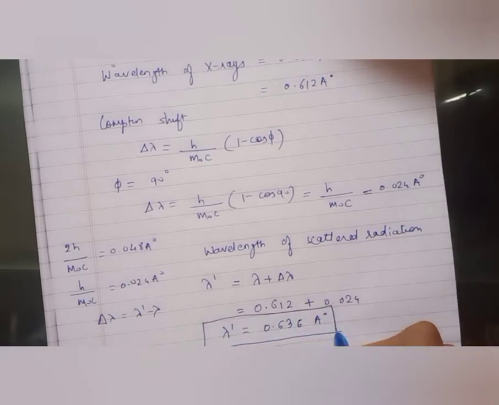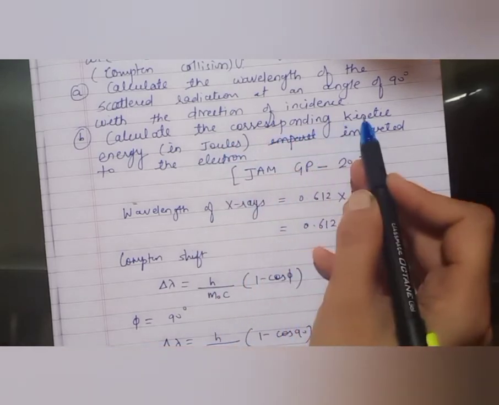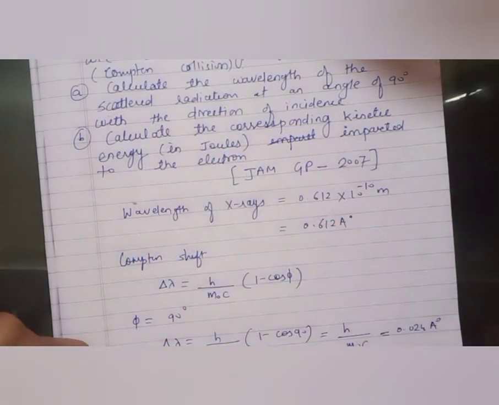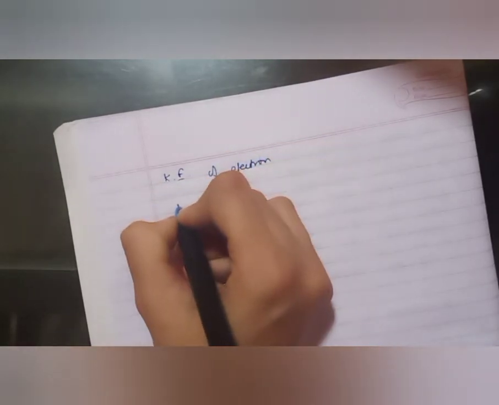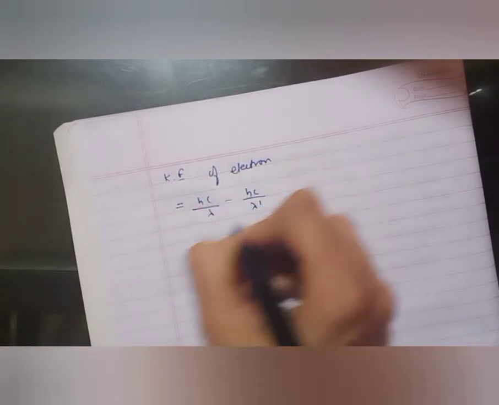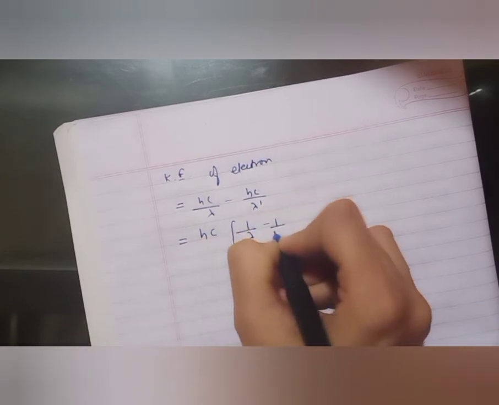Now there is a second part in the numerical, where we have to calculate the corresponding kinetic energy in joules imparted to the electron. So let us calculate the B part. Kinetic energy of the electron is given by hc by lambda minus hc upon lambda dash. I can take hc common: hc times (1 by lambda minus 1 upon lambda dash).